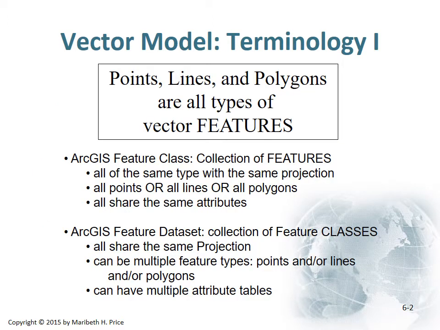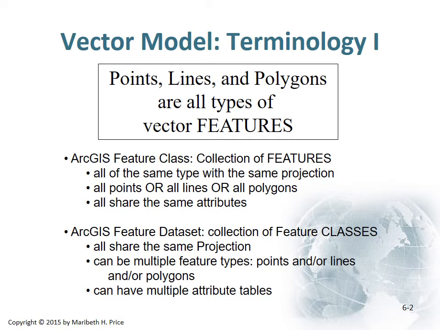So a little bit of review again about terminology. Points, lines, and polygons are vector features, whether they're stored in a feature class in a geodatabase or a shapefile or a coverage that exists outside of a geodatabase. Since most of the work in the class exercises focuses on using geodatabase datasets, this slide is focusing on that too.